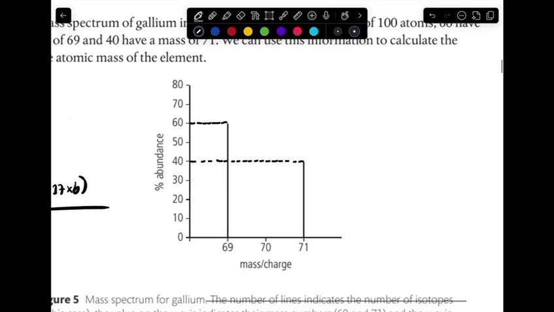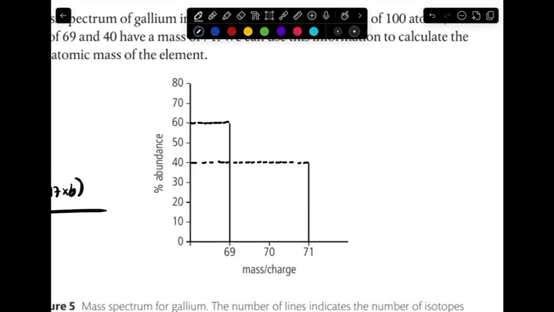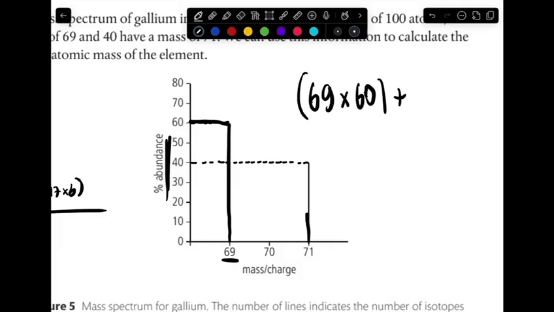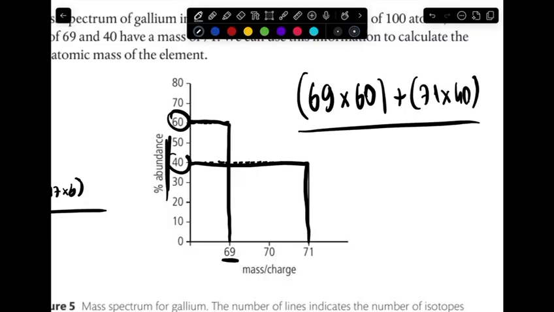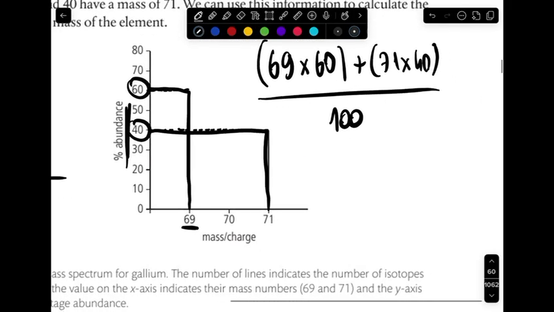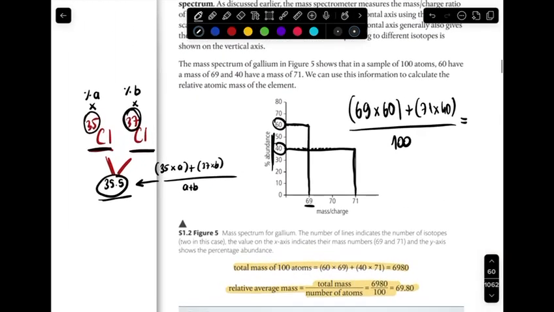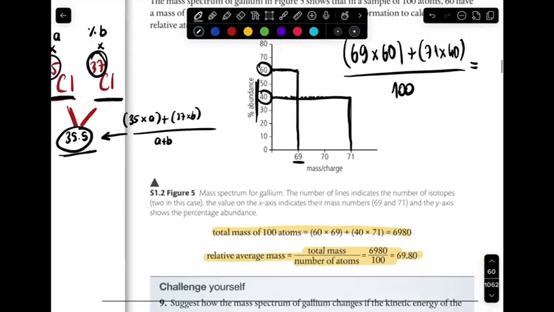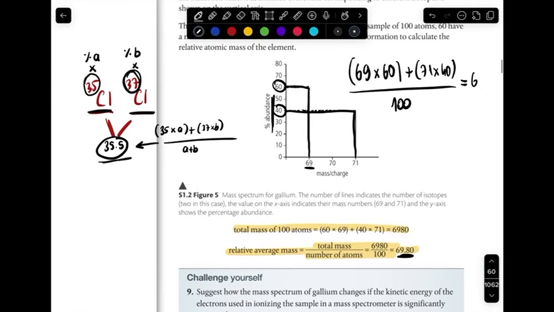It can also be expressed through this graph. This is the abundance, mass divided by charge. So 69 times 60 plus 71 times 40, divided by the abundance, 60 plus 40, which is 100, gives us the answer for this atom, which is, as you can see right here, 69.80.